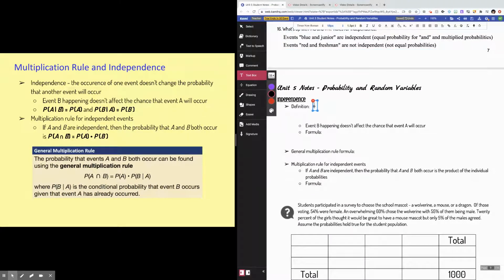Independence in statistics is defined as: the occurrence of one event, or adding a condition, does not change the probability that another event will occur.